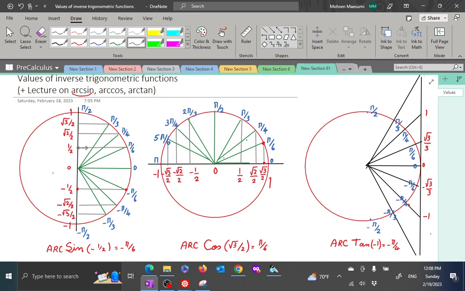Complication we notice is that 1/2 could be coming from pi over 6, it could be coming from 5 pi over 6, or you can go around the circle and come back here, 2 pi plus pi over 6 and so on. There are infinitely many angles that are matching against 1/2. We have to choose just one, and the one we are choosing is just pi over 6 because it's the positive and the smallest of all these angles.